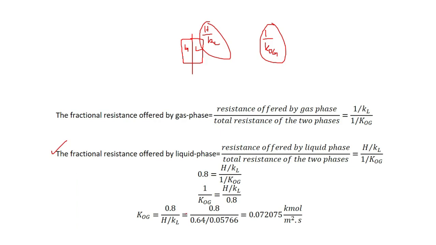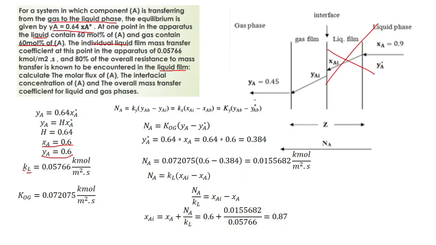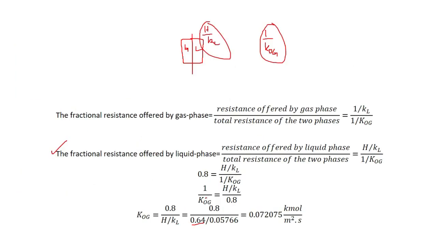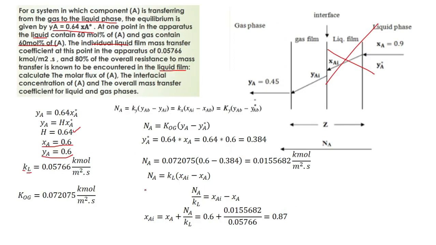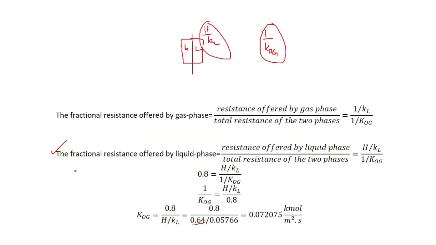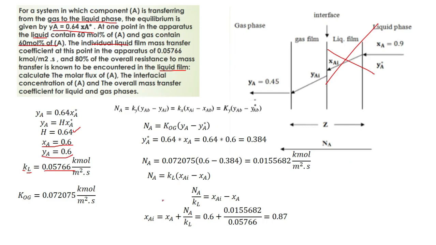H is 0.64 in this case. We know it is 0.64. While kL we know, which is 0.05766. Just put the values, you will get your KOG 0.072.